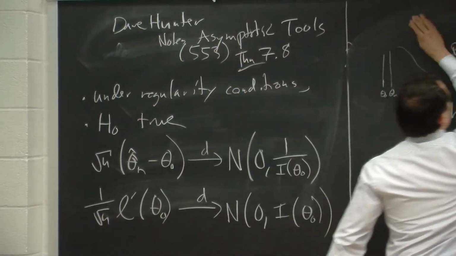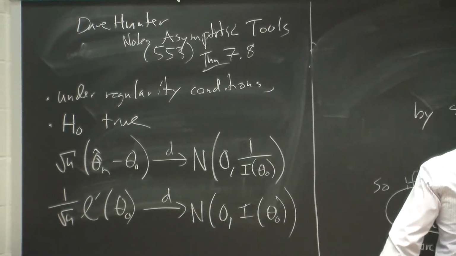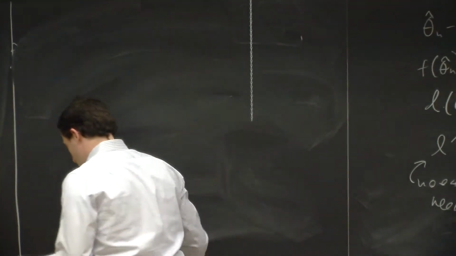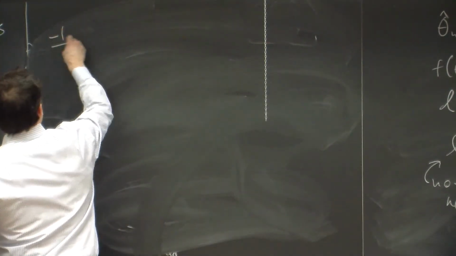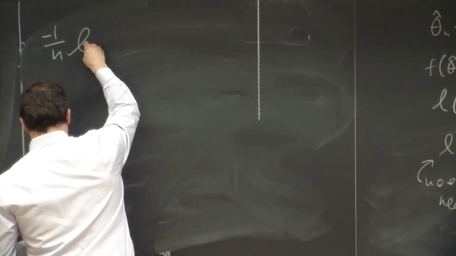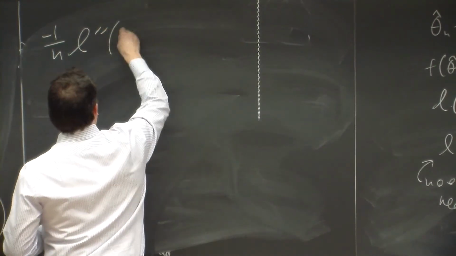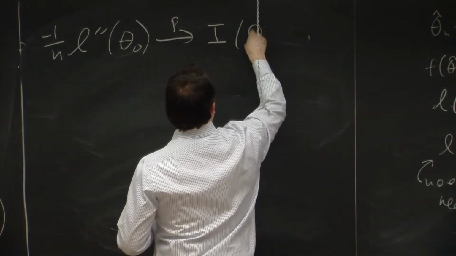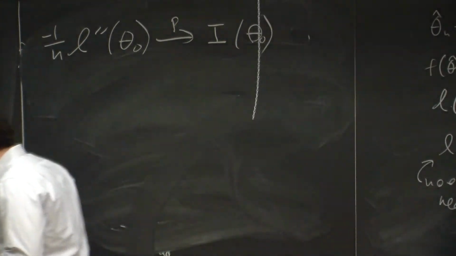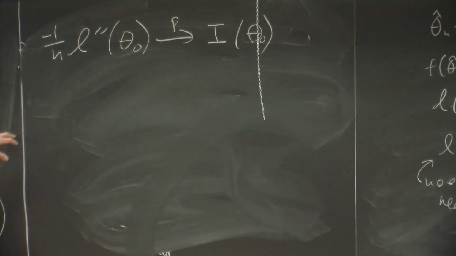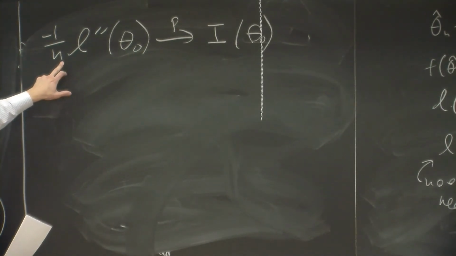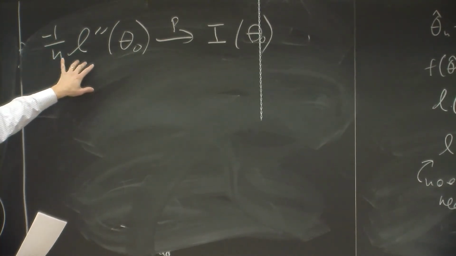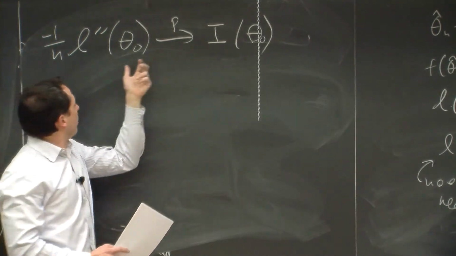And lastly, minus 1 over n times L prime prime of theta. So this is talking about a second derivative, and what this is telling you is that it's okay to estimate this with this.